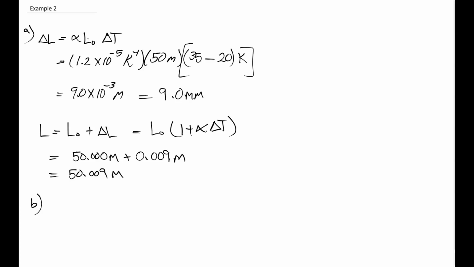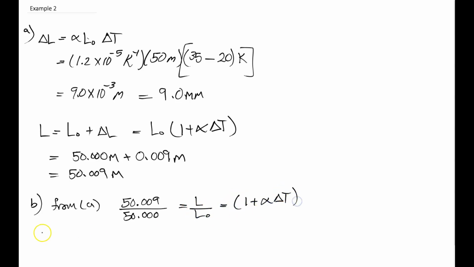So we know from part A that we had an actual reading of 50.009 over 50 meters, and this would be the ratio between L and L naught, which is also what this 1 plus alpha delta T is equal to.